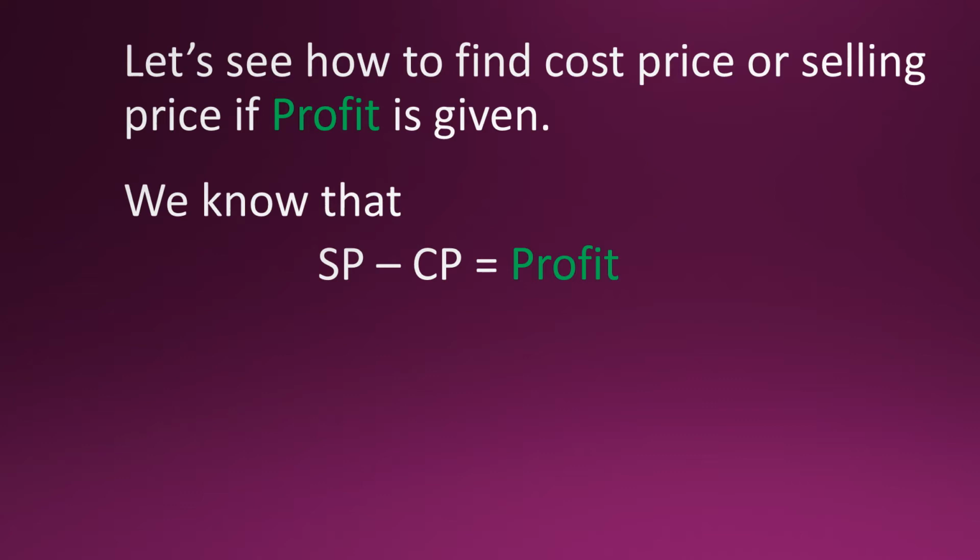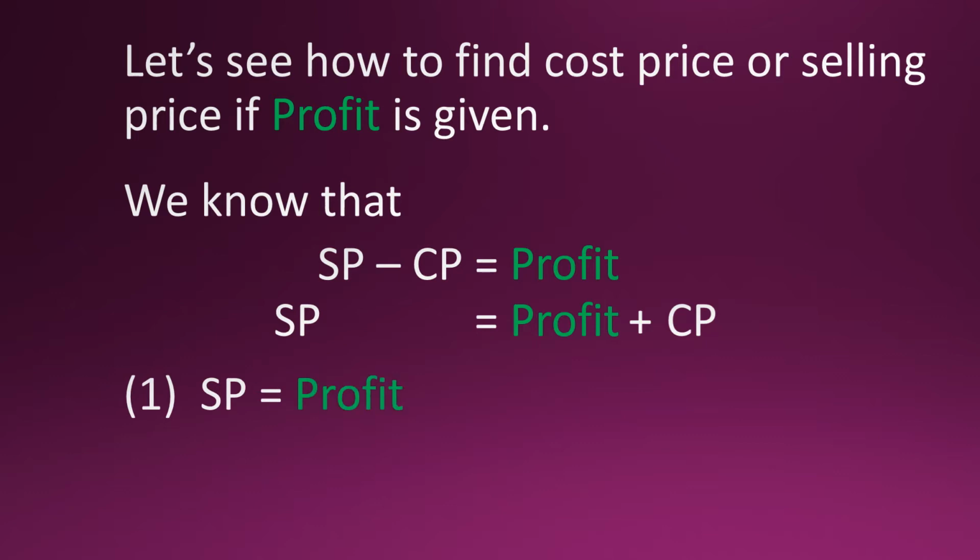How? Let's see. Remember, if we take a digit to another side of the equal to sign, positive becomes negative and negative becomes positive. See, we have minus CP. If we take minus CP to another side of the equal to sign, it becomes plus CP. So the first formula is SP is equal to profit plus CP.